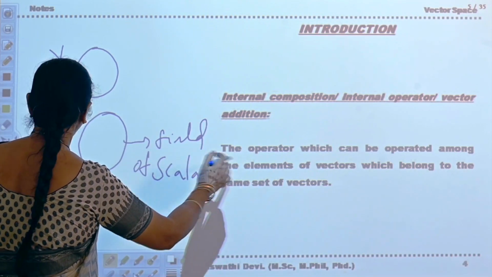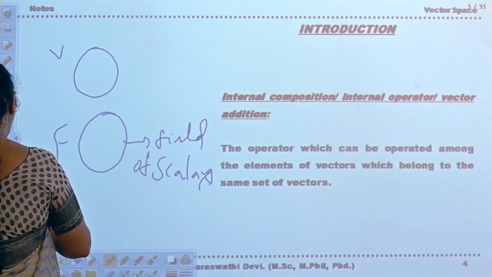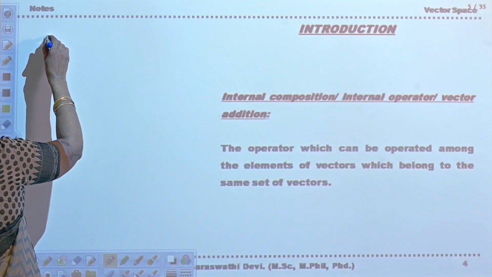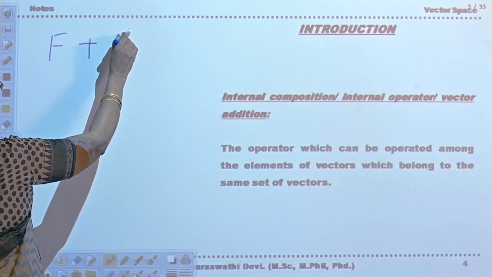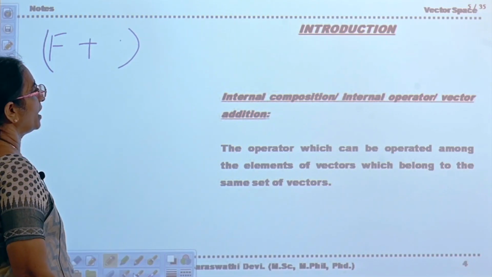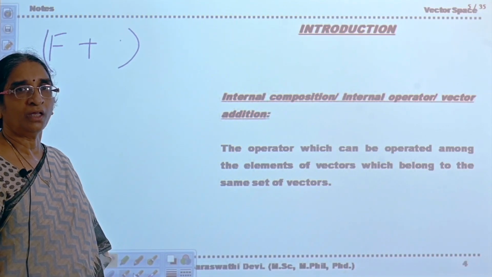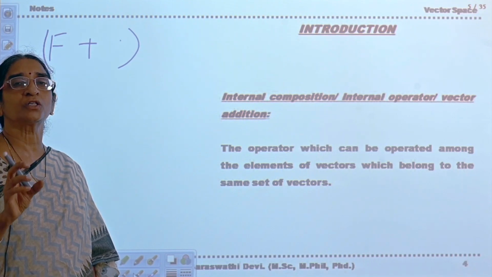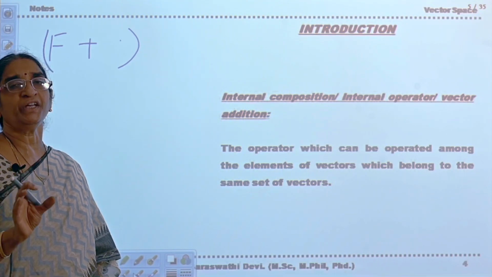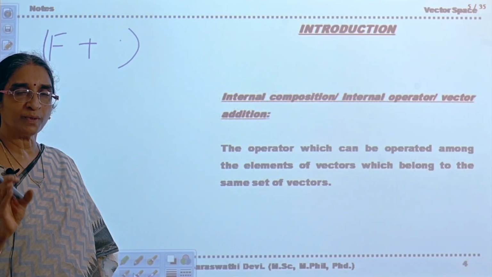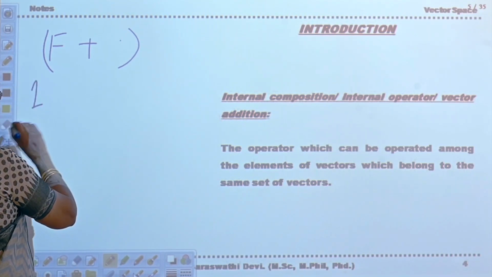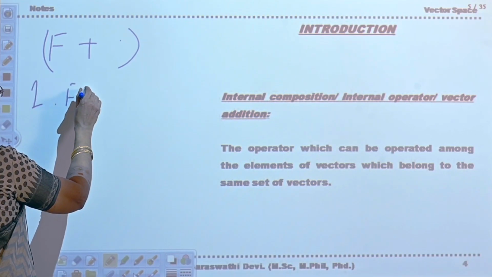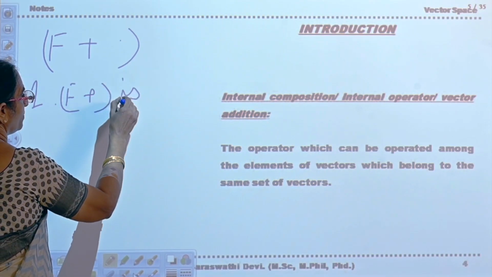Before going to this definition, we will recall once what a field is. If F is a set equipped with two operators, addition and ordinary multiplication, then you want to say F plus dot is a field. In order to say that F plus dot is a field, F should satisfy three properties. First, F plus is abelian.